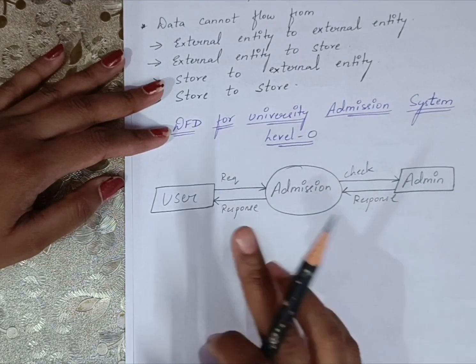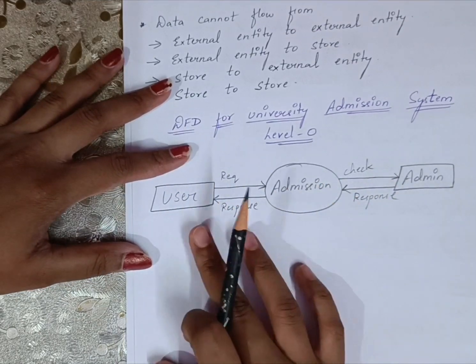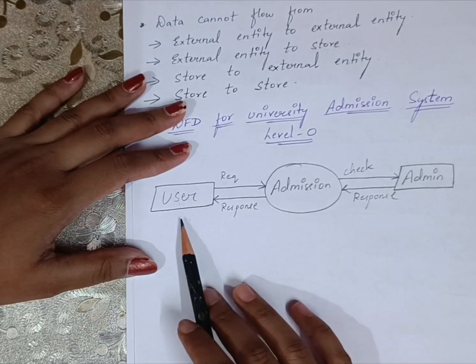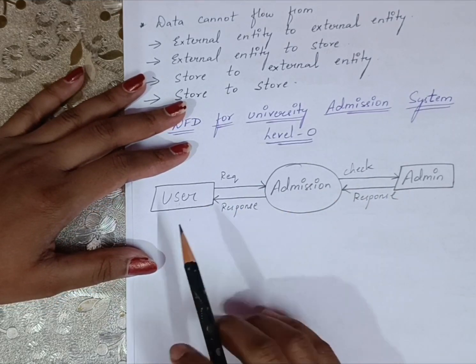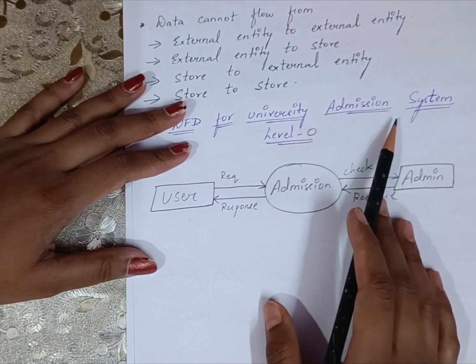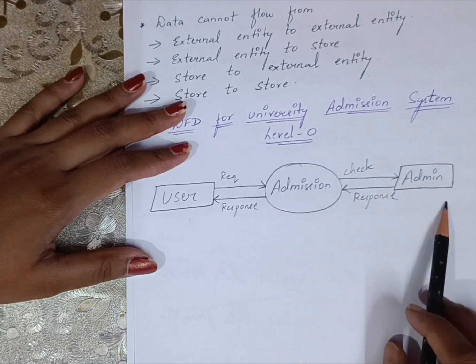What are the two entities? User and admin. So we are writing here user and admin. We are creating 2 entities here. There might be more entities, but for a university application system, there will be only 2 entities, user and admin.